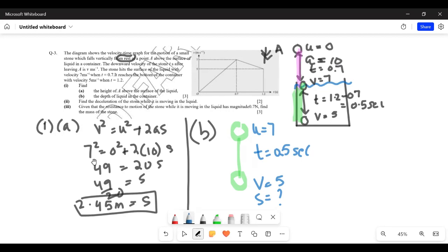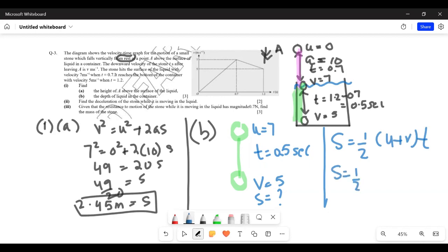Okay, that's fine. Why is a not there? Inside the water the acceleration is not gravitational acceleration. Inside the water the acceleration changes because now there will be resistance. So we cannot use the same acceleration as in the first part. So to find s, we'll do what Ryan said, half of u plus v times t.